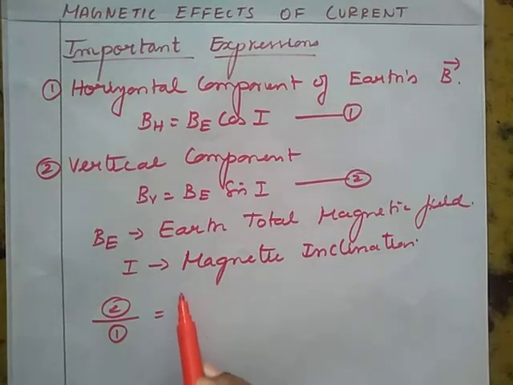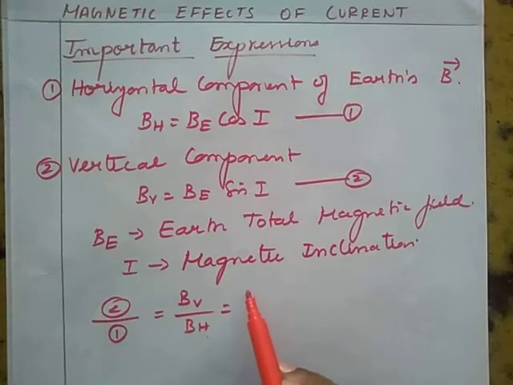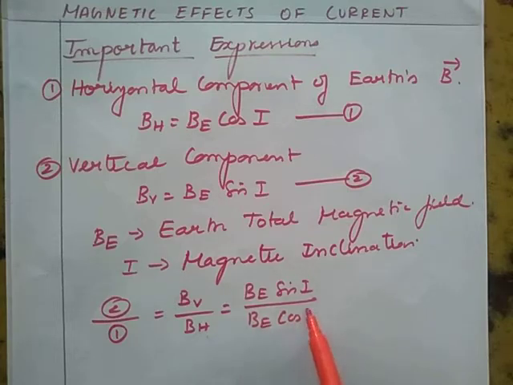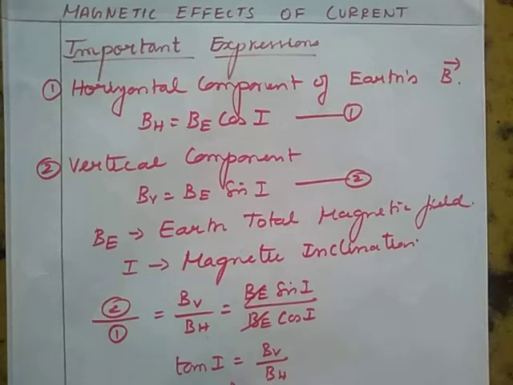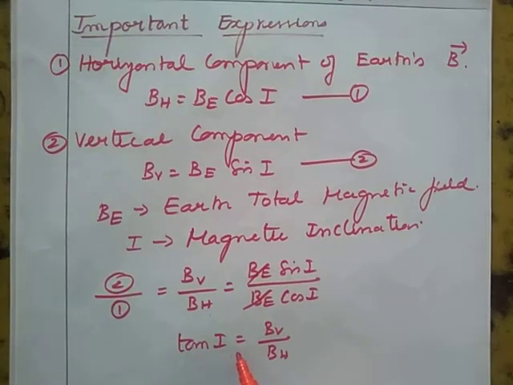Then we get BV by BH is equal to BE sin I by BE cos I. BE is going to cancel, then sin I by cos I becomes tan I. Then it can be written as tan I is equal to BV by BH.